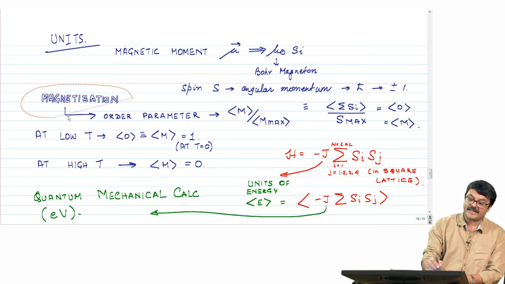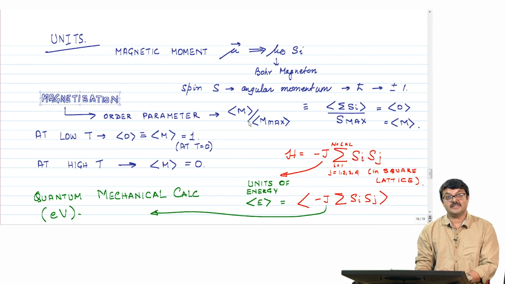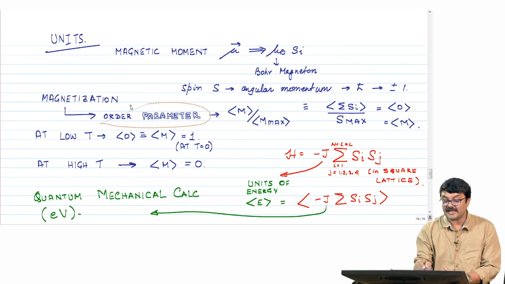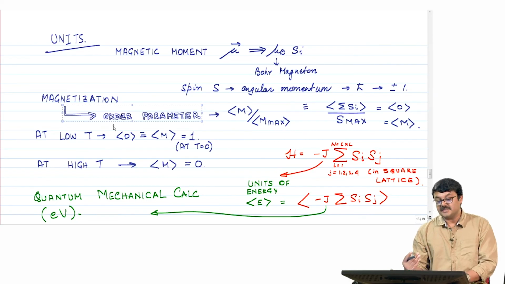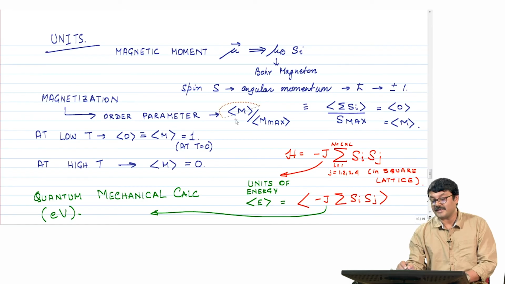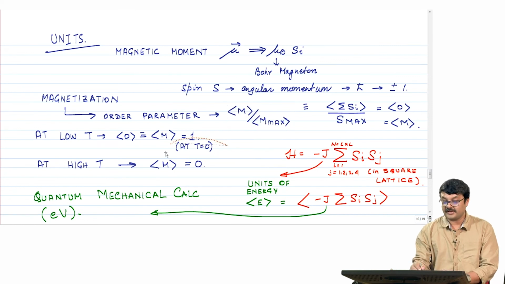Moreover, we are measuring magnetization. When we use the word magnetization, we actually mean magnetic moment, which at a particular temperature will of course have units of magnetic moment, and we use magnetization as the order parameter. But for purposes of the calculation we measure magnetization as the magnetic moment at a particular temperature, where the angular brackets again represent the canonical ensemble average, divided by the maximum magnetization possible, which can be only at 0 temperature, right.